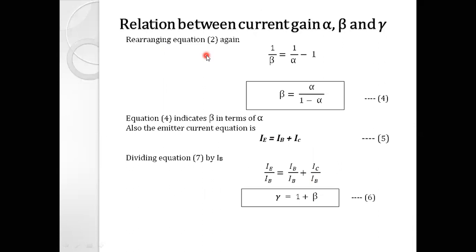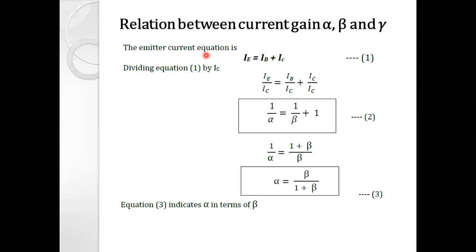Now let us derive the relation among the current gains alpha, beta and gamma. Let us start with the basic equation: the emitter current is the summation of the base current and the collector current. Let us take this as equation number 1.